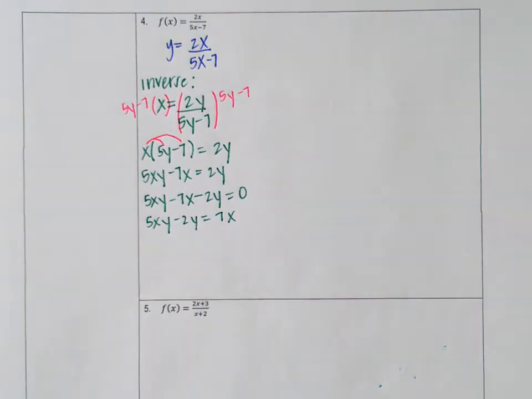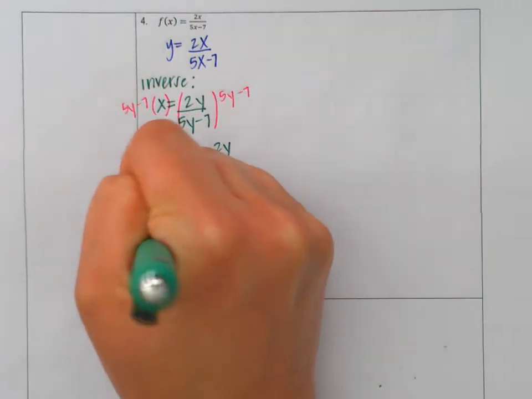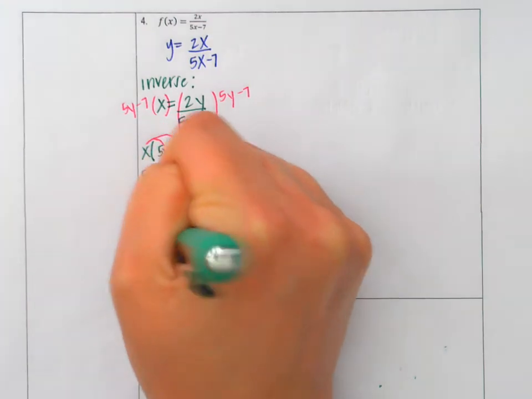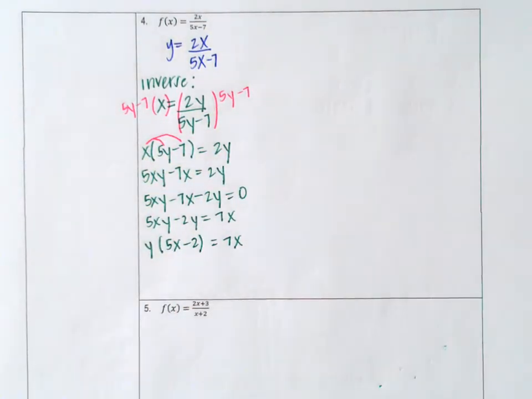Okay, so now that my y terms are on the same side of the equation, I notice 5xy minus 2y, they both have a y. And whenever terms have something in common, called the greatest common factor, we can factor out that y. So we're going to factor out the y, and I'm left with 5x minus 2, and then equals 7x.